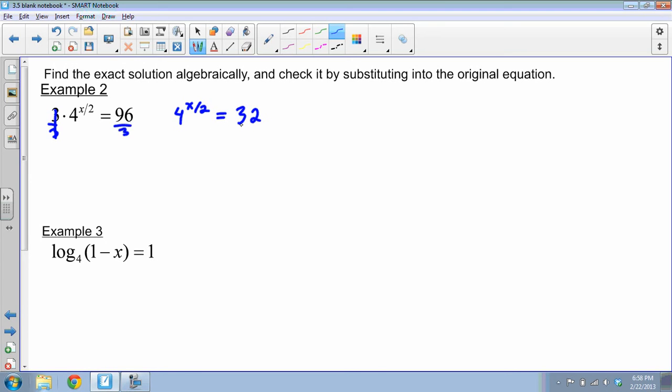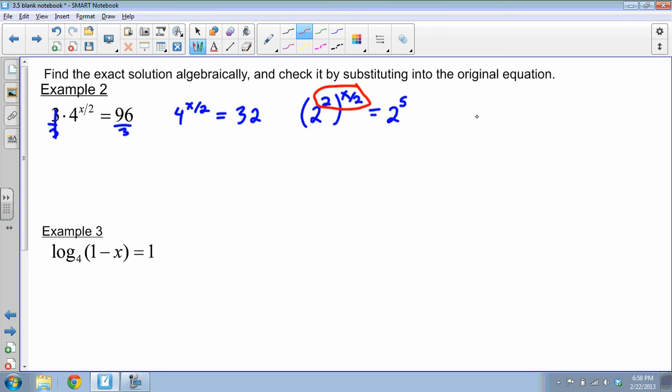We can actually write both sides of this as 2 to some power. So 4 is really 2 squared, and so that gives us 2 squared to the x over 2 power. 32 is 2 to the 5th power. If you don't have that memorized, you just do a little finger math or calculator math and figure that out. Now what happens here, if I have 2 squared to the x over 2 power, I multiply those exponents together.